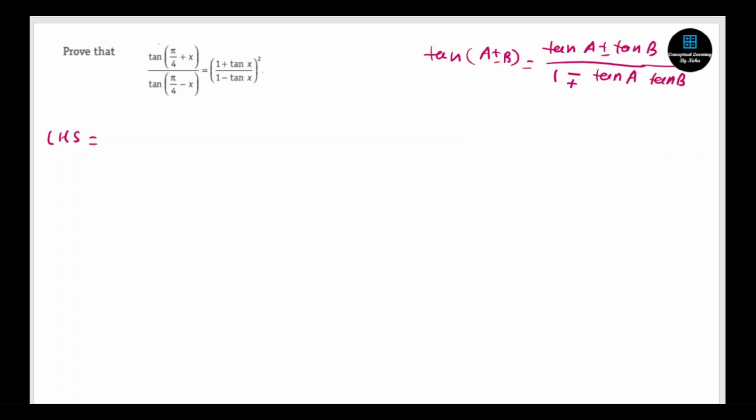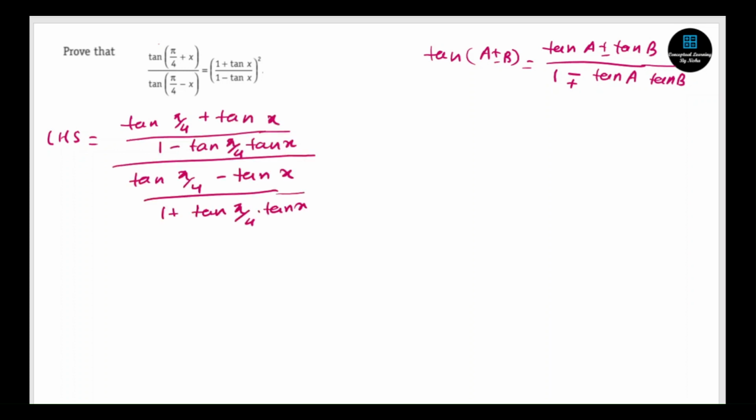I am directly writing this formula, but you have to write the LHS and then apply the formula. So tan pi by 4 plus x: I have applied tan(A plus B) in the numerator and A minus B in the denominator. Now tan pi by 4 is nothing but 45 degrees, so I'll get 1. So 1 plus tan x upon 1 minus tan x, whole upon 1 minus tan x upon 1 plus tan x.